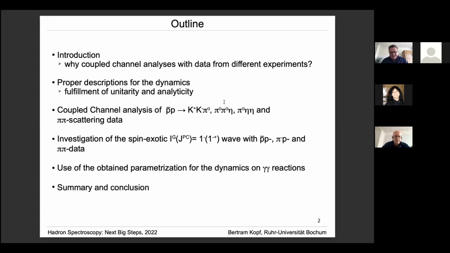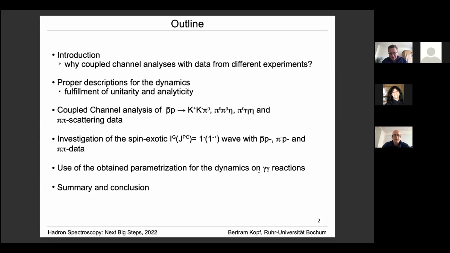In this analysis, we have also found an interesting spin-exotic 1-- wave. And therefore, we extended this analysis by adding also COMPASS data, where this wave has also been seen. Finally, I will also show some partial wave analysis with the gamma-gamma reaction.